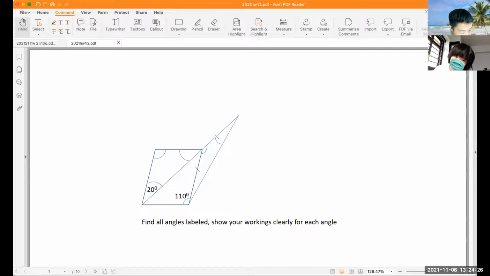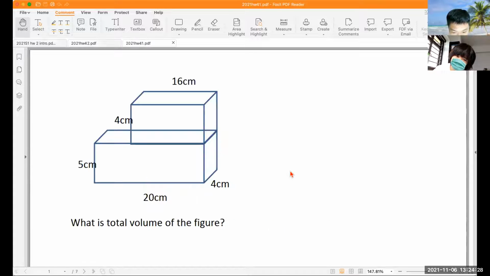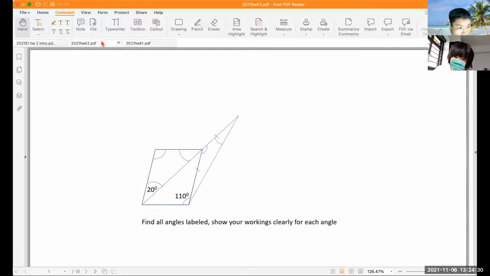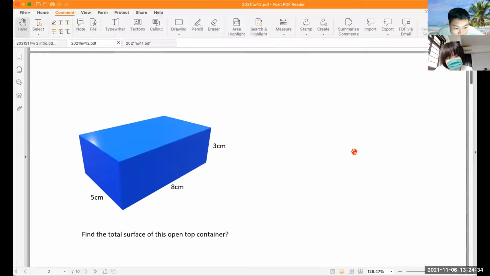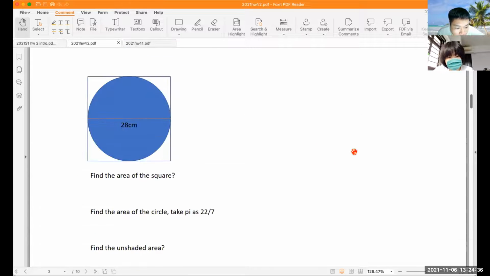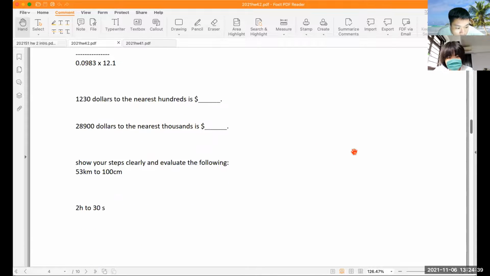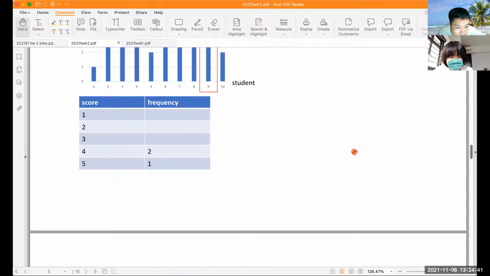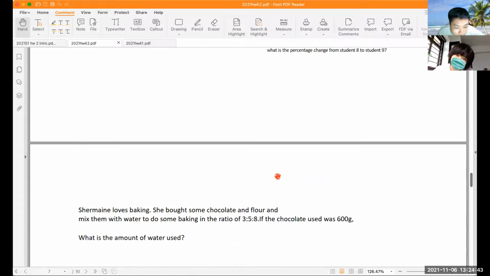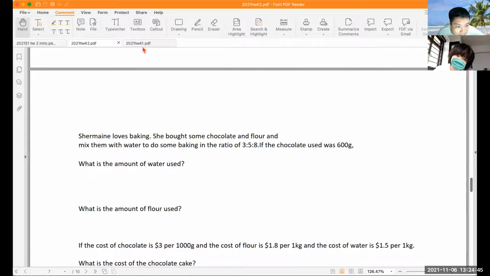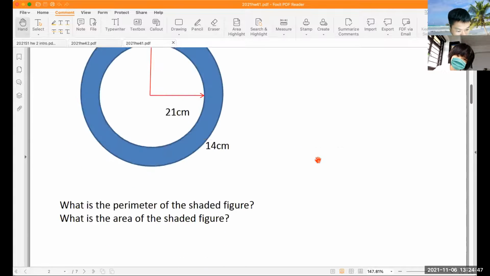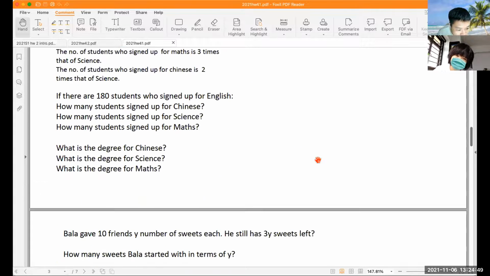Isn't this from one of the PSLEs, like the questions that you just showed me? I think they're from past PSLEs. Oh, okay. Some of them might look similar lah, because I also saw questions from PSLE papers and other PSLE papers also.